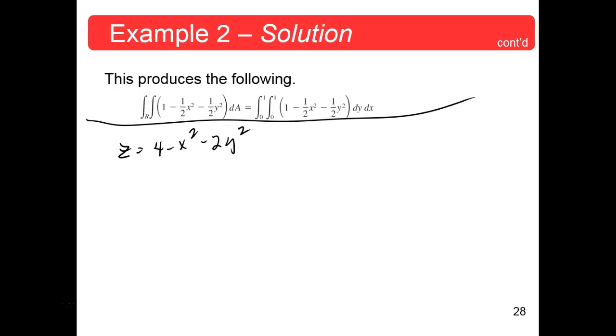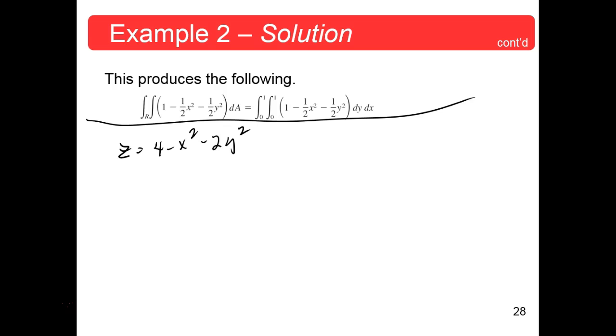I wish it had been more focused on double integrals. But you see what you do. You integrate whatever the inner thing is with respect to y. This you treat as a constant, so that would just be minus 1/2 x squared y. This would just be a y, and this would be minus y cubed over 6.